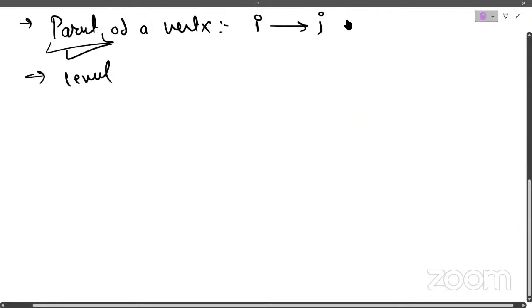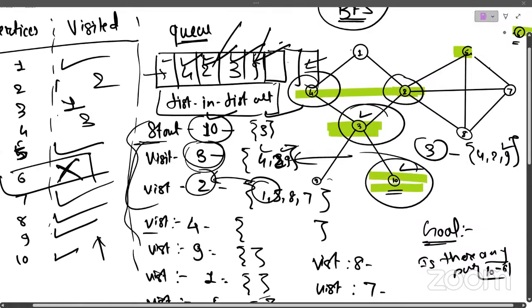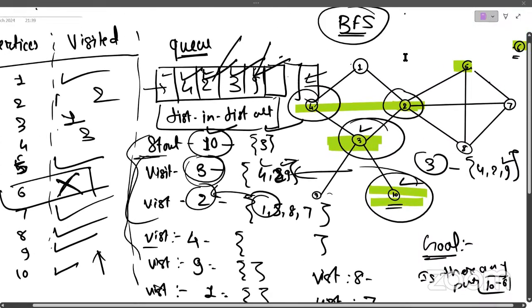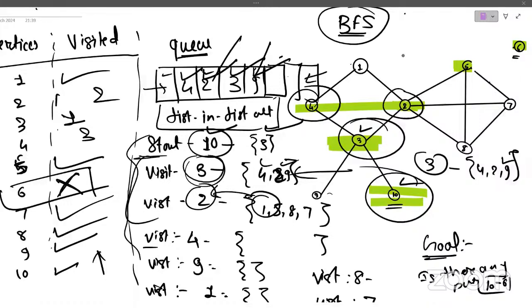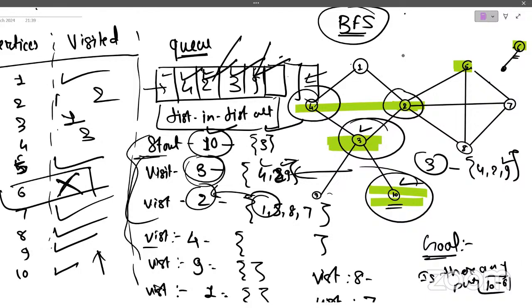What are you guys saying? Someone is saying something? If 5 and 6 are not connected and 6 has other nodes, then all of them will not be covered, right? Yes, they will not be covered because there is no path from this component to the other. It depends on the starting point.